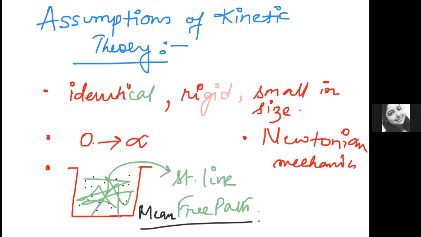So in a direct impact, the molecules begin to move in an opposite direction with the same velocity. Fine. The next very important point of this assumption is that the time during which a collision takes place is negligible. So the collision time is negligible.